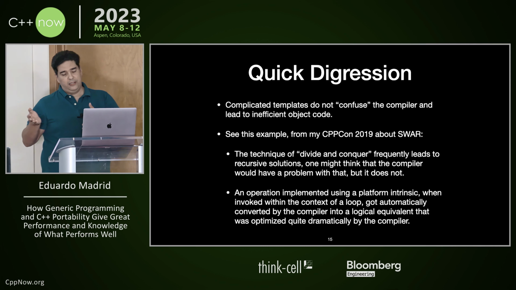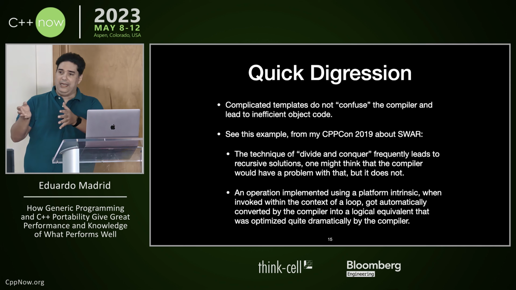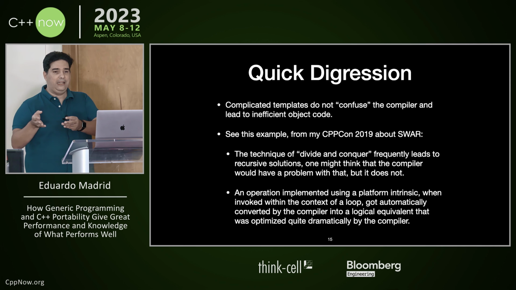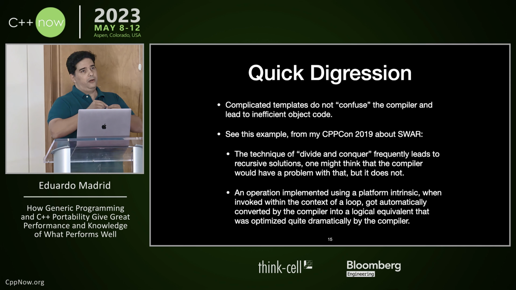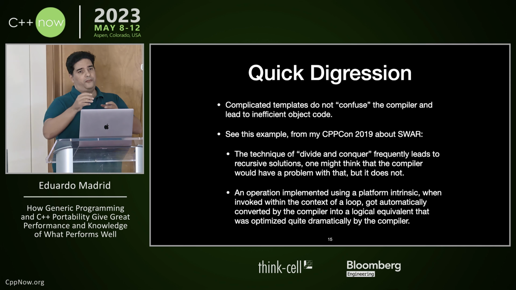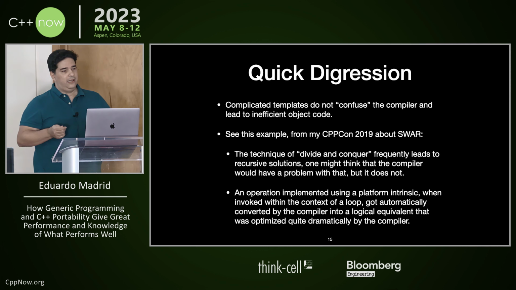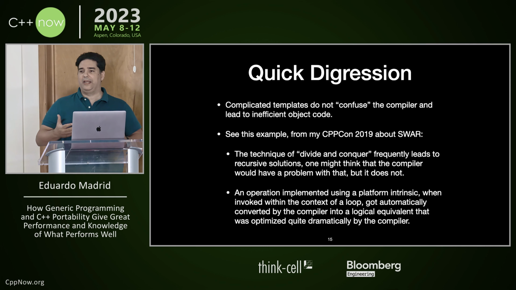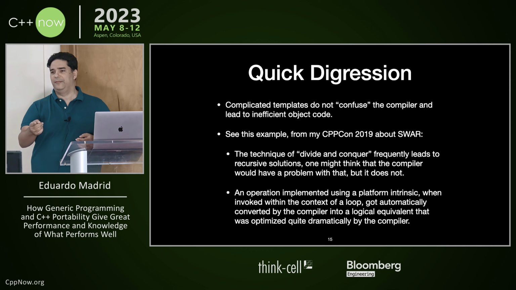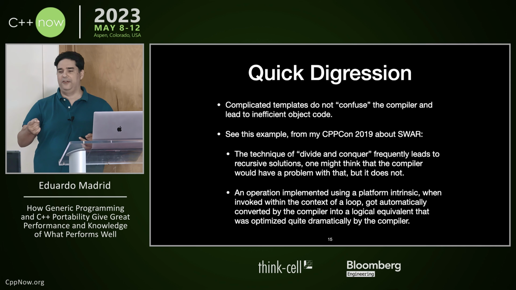I showed you several years ago a technique of divide and conquer that led to an implementation of an important calculation using recursion on templates. And apparently, a lot of my colleagues said, no, that's not going to compile to something efficient.